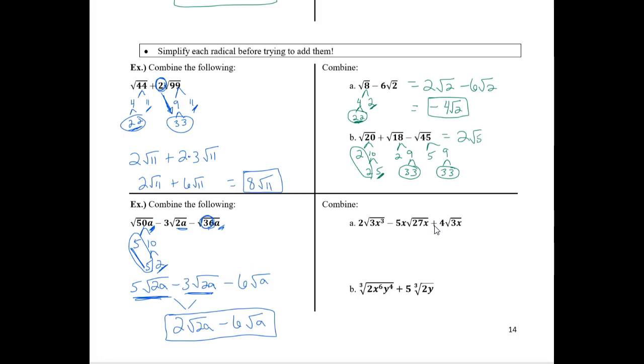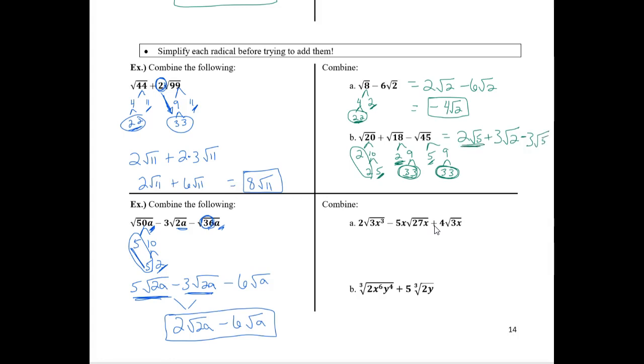And the square root of 18, I can take out the pair of 3's. Square root of 9 is 3. And I have a 2 left underneath the radical. And on square root of 45, I can take the square root of 9 and get 3 and have a 5 left underneath the radical. I look for like terms.